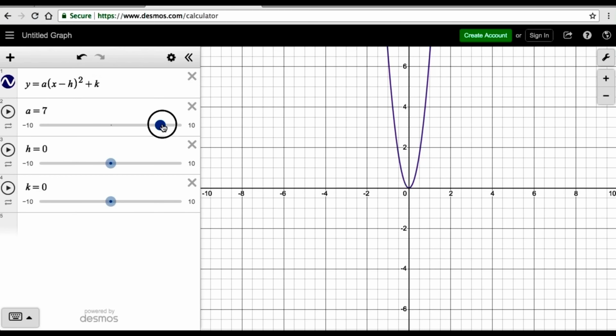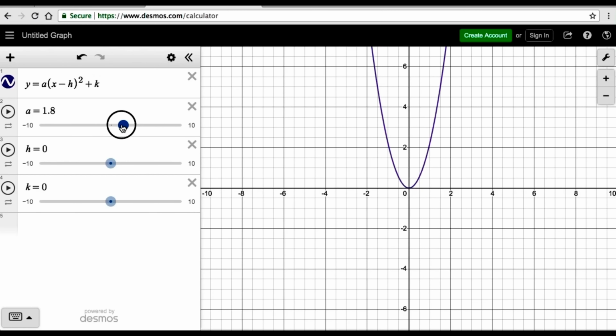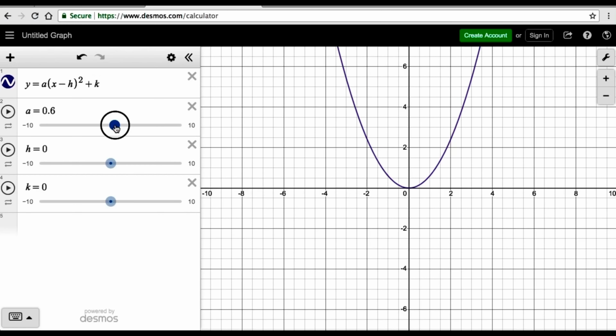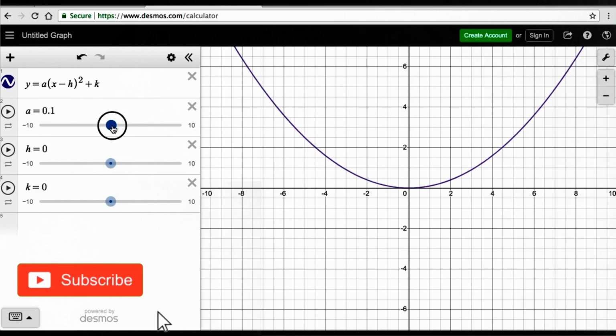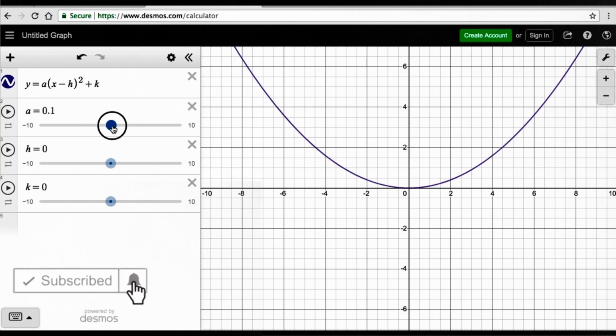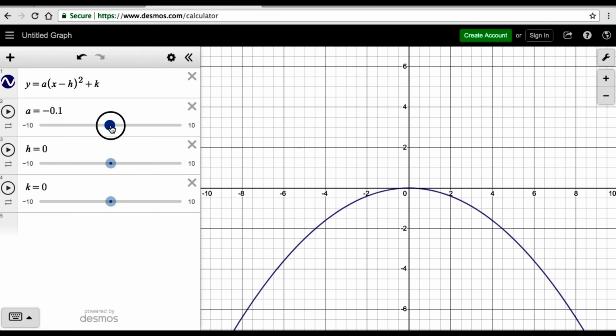Now, what happens to the graph if A decreases? If the A value decreases, then the graph gets wider and wider. If it gets to 0, then it becomes a straight line.